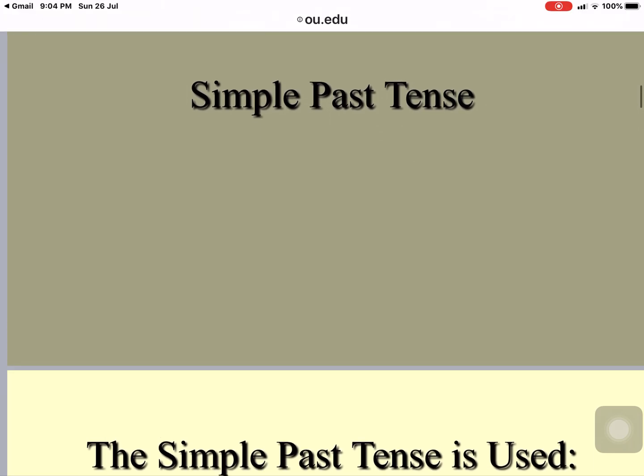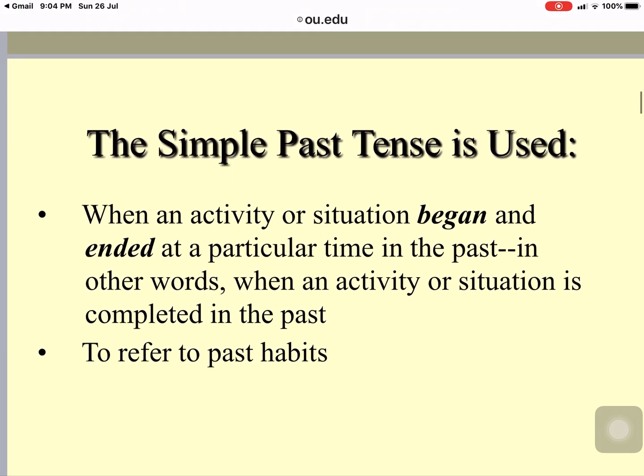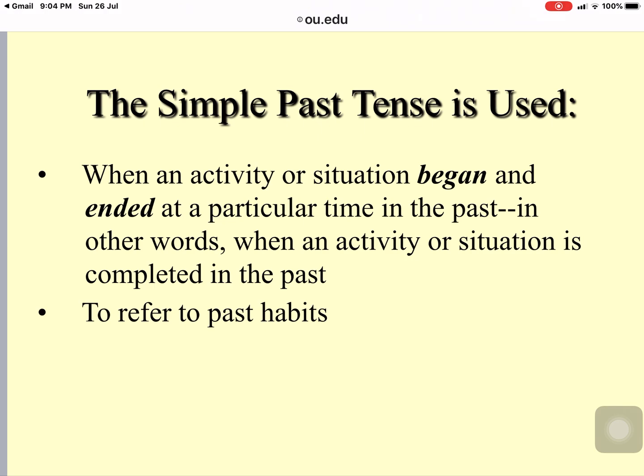Let's go to simple past tense. In simple past tense, which form of verb is used? V2. Always remember, V2 form of verb is used in simple past tense. I explained to you in the previous video about the conjugation of verbs, that is V1, V2, V3 and V1 ing. V1 is the present form of the verb.